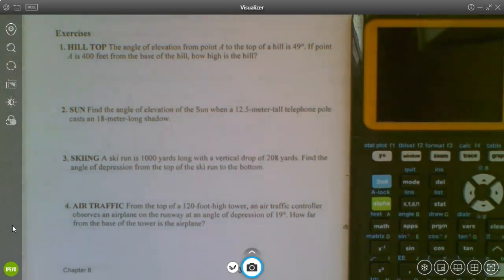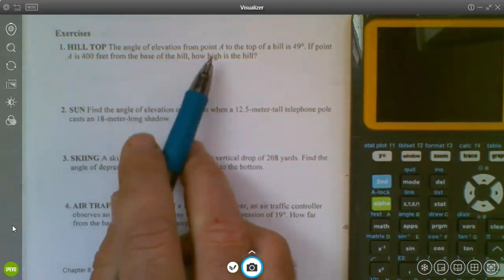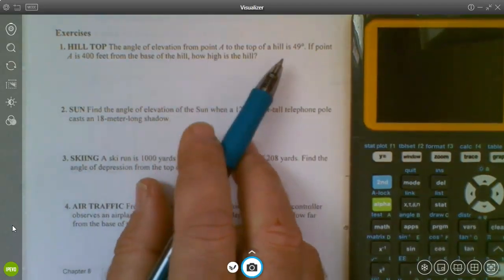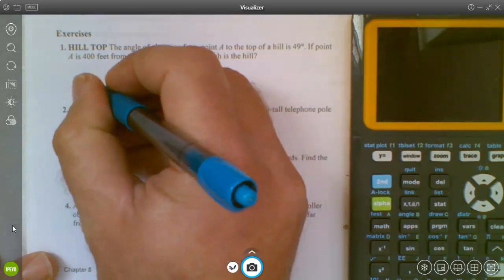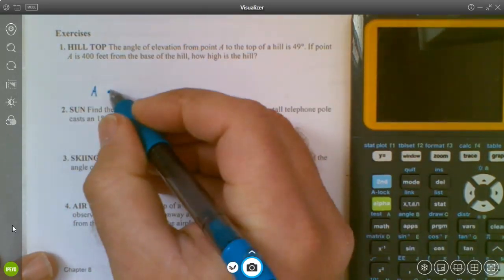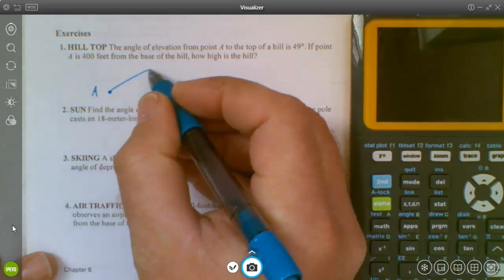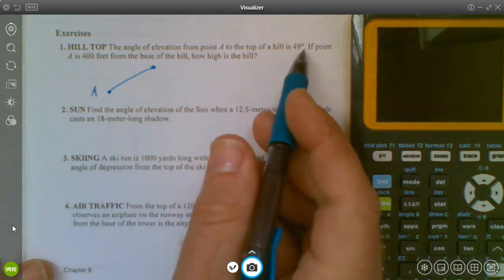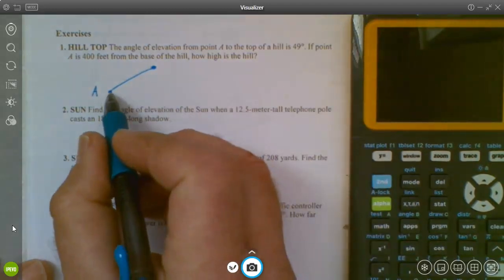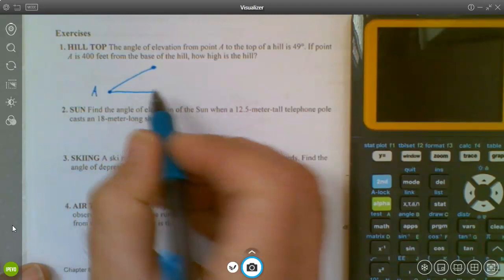So if we said the angle of elevation from point A to the top of a hill. So here's point A, and I am looking to the top of a hill. So here's the top of the hill. Is 49 degrees. So remember, that has to be formed with a horizontal.